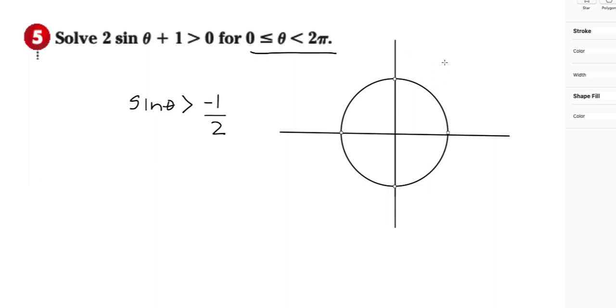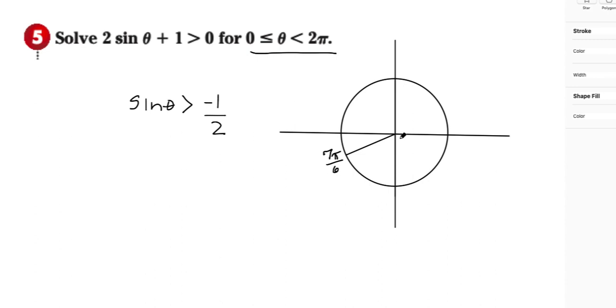All right, good. So if we're thinking about the unit circle and when sine is equal to negative 1/2, we know sine is positive in these two quadrants. Sine is equal to 1/2 when we're dealing with the angle related to pi over 6, the 30-degree angle. So at this point here, pi over 6 more than pi is 7 pi over 6.